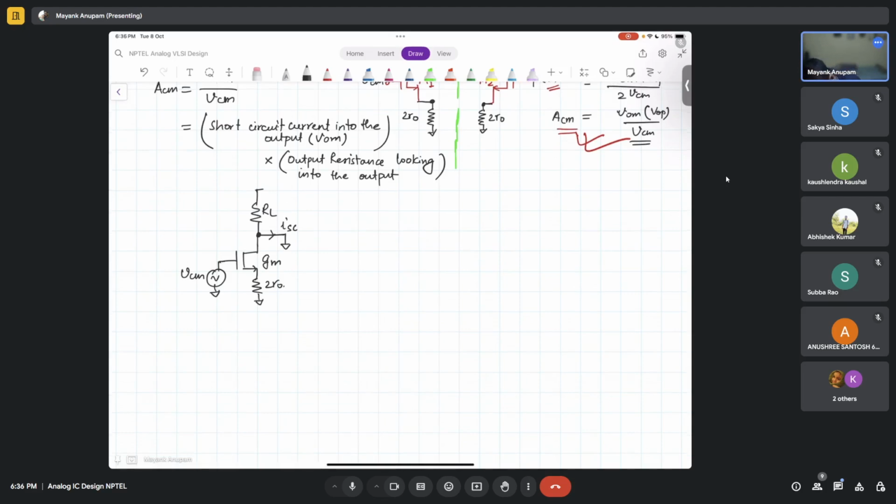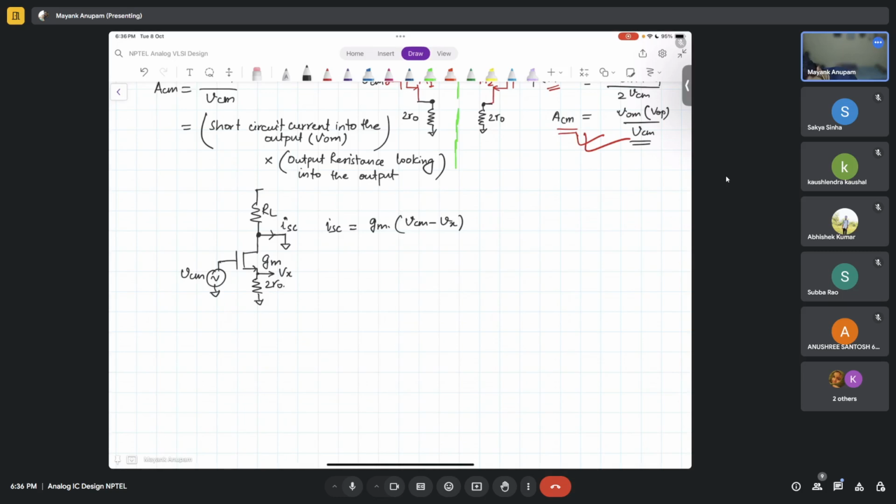Tell me. For finding the current, what do you need to find? Current should be Gm times VCM minus, if we call this node Vx, so VCM minus Vx. This will be our ISC, right?